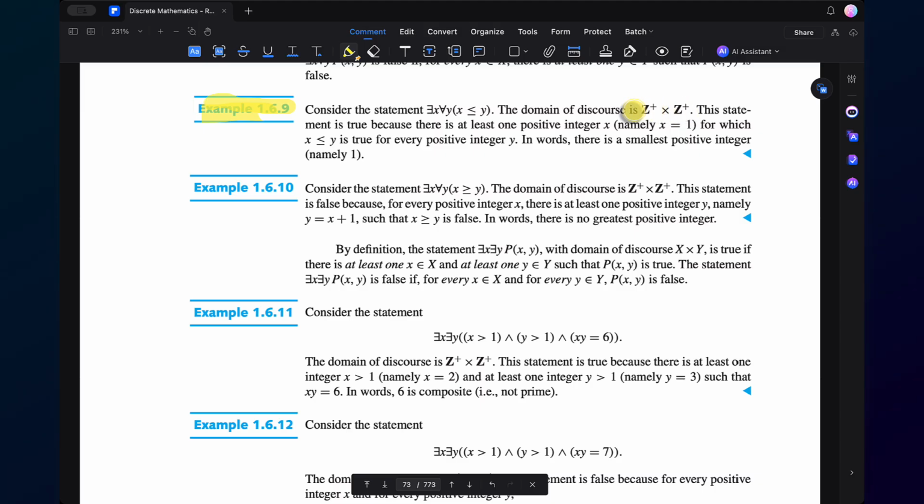In that domain, this is a true statement, because we simply take the smallest integer and let that be x, namely 1. Now, if we change the domain of discourse to, say, the real numbers cross the real numbers, then this statement would be false. So it's important to always consider what set you are thinking about with these statements.